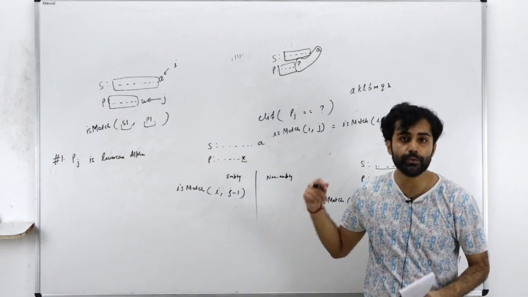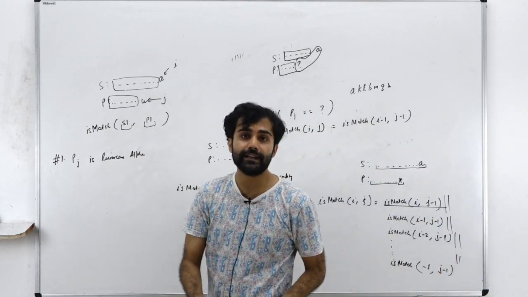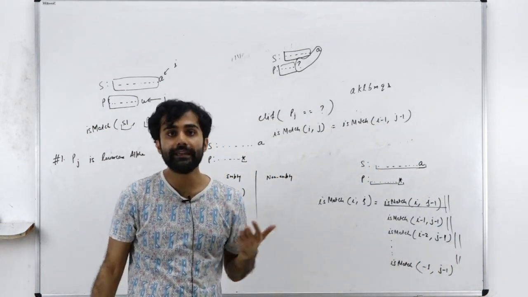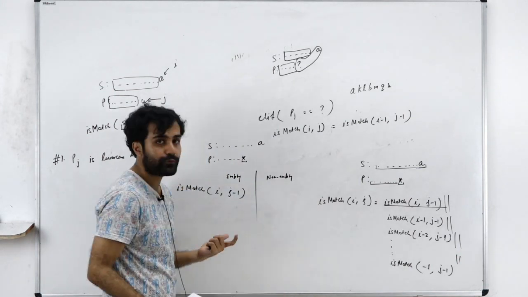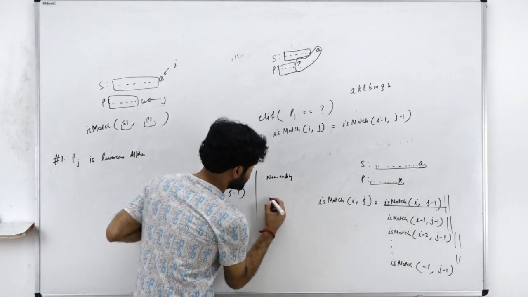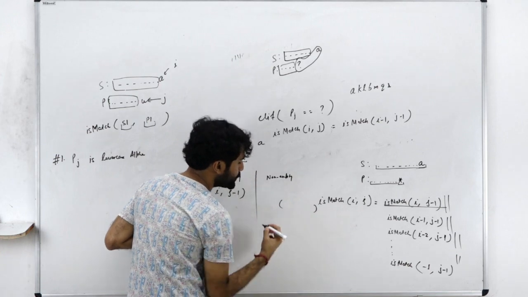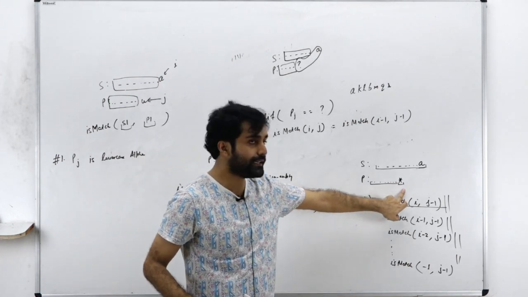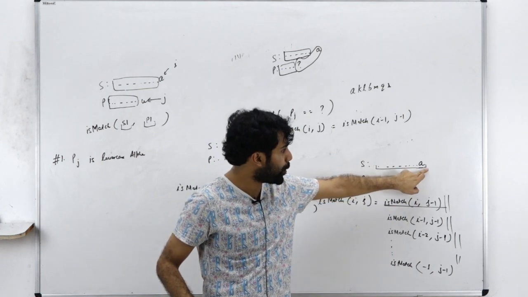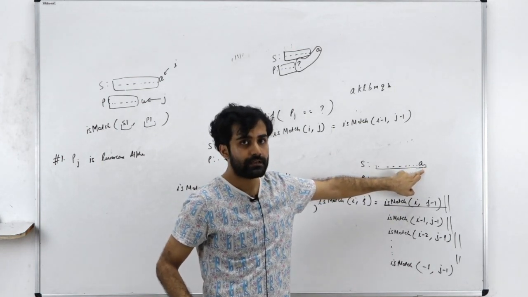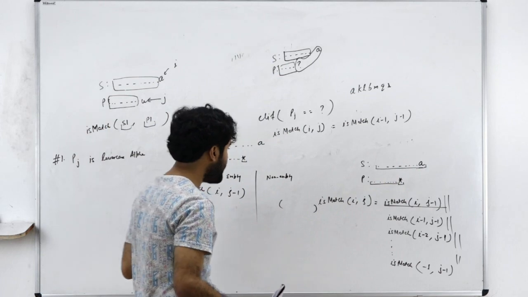But when you consider it to be a non-empty sequence, what would you do? The first thing you're supposed to do is, because this is non-empty, it must match at least one character. So at least one character is being matched.